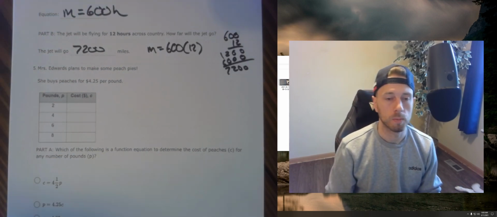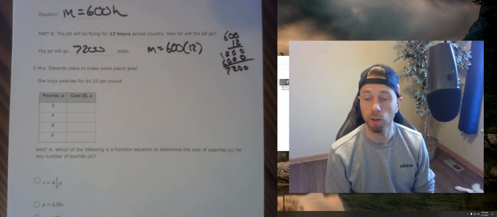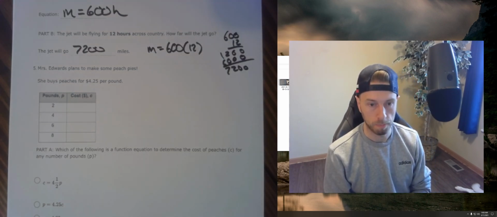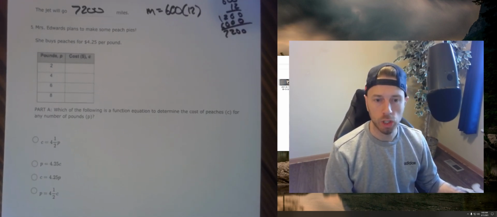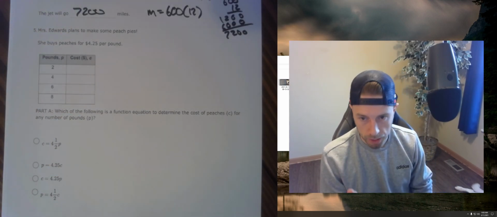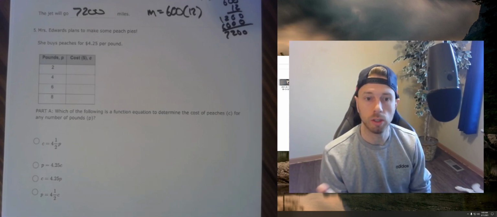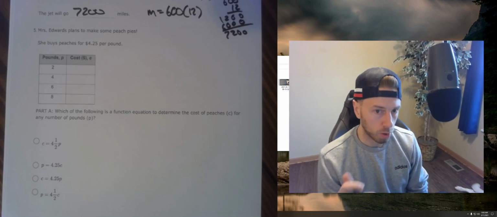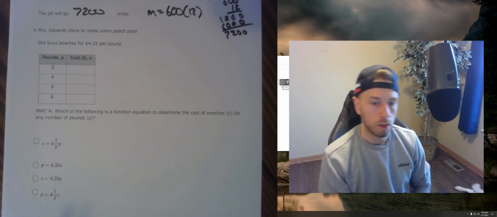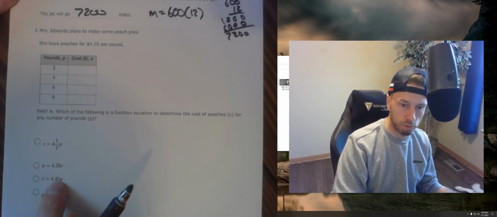Number 5. Mrs. Edwards plans to make some peach pies. She buys peaches for $4.25 per pound. Which of the following is a function equation to determine the cost of peaches for any number of pounds? So what we're looking for is the equation that shows what's going on here. $4.25 per pound would be the total cost, C, is equal to $4.25 per pound.